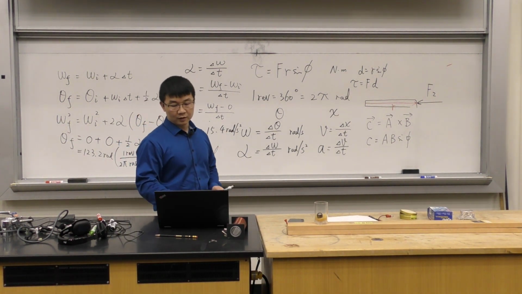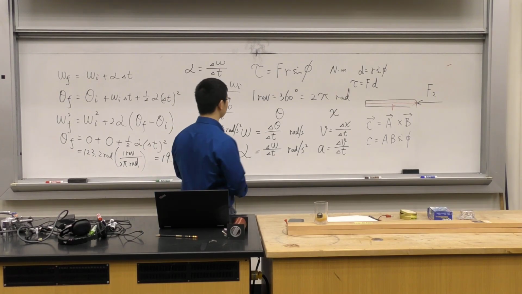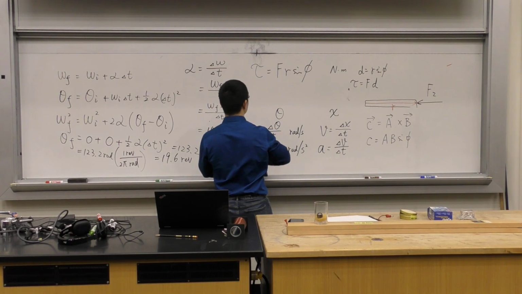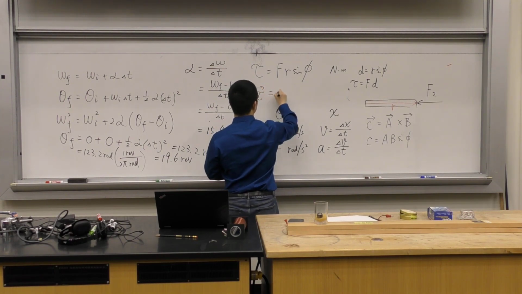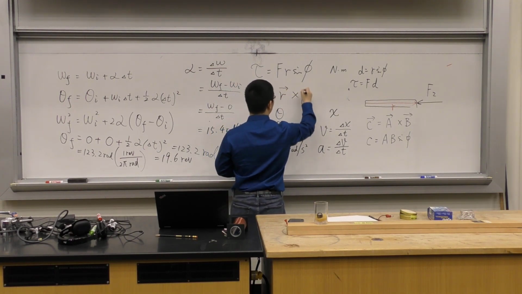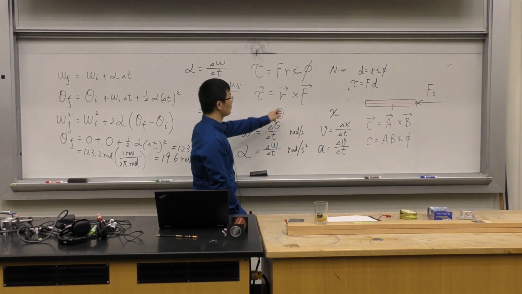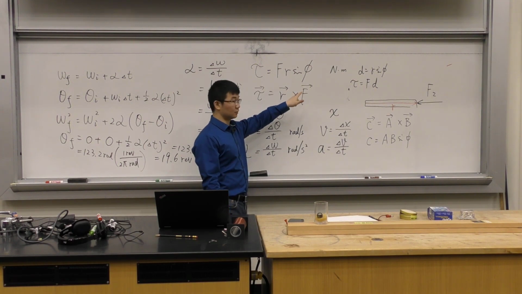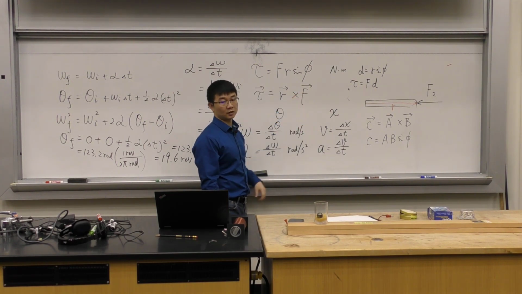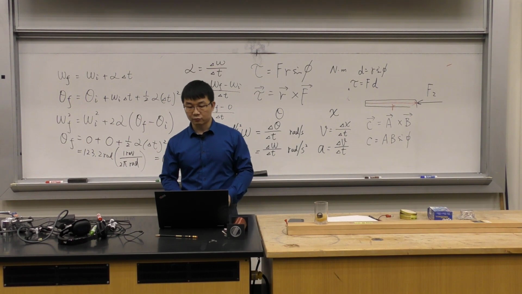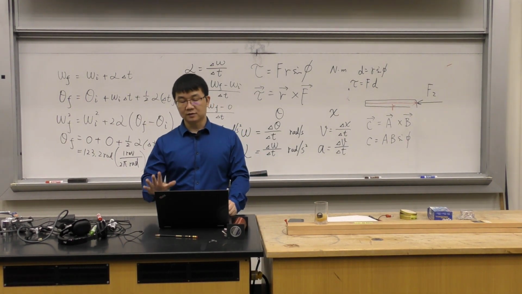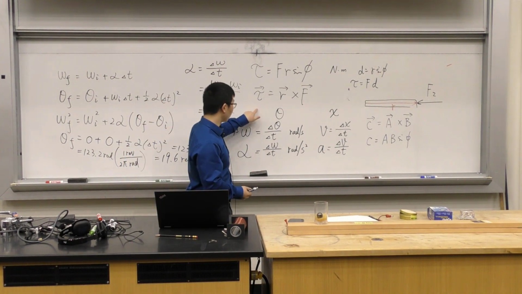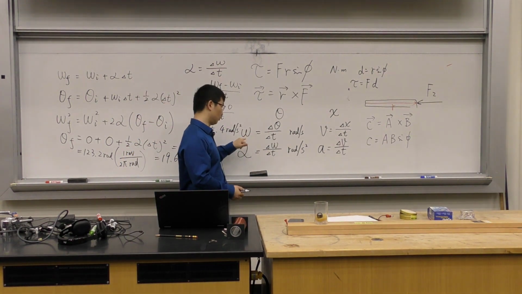So actually, the strict definition of torque is a cross product between the arm vector and the force vector, right? And you see that the magnitude of this is just going to be r times f times sine phi, which is the definition of the cross product. And the direction will be weird. You're going to use right-hand rule, but in this class, we're not going to really worry about the direction of the torque or the direction of the angular velocity or angular acceleration.